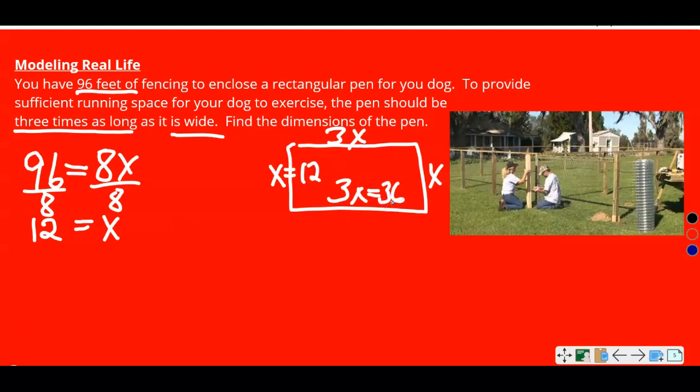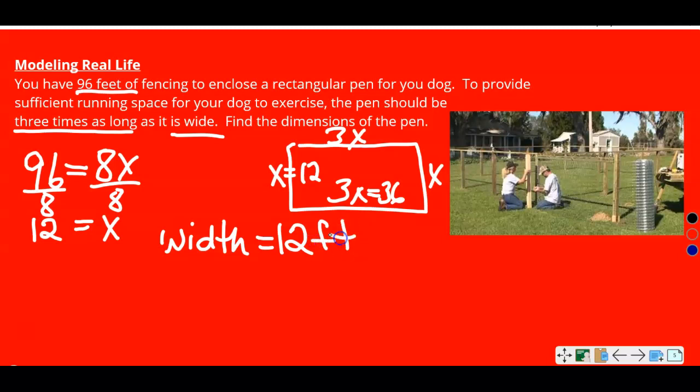Okay, so that we know that the length is 3 times the width. All right, so we can say that the width equals, doesn't really say feet, so just the width is, oh, it does say feet, 96 feet.